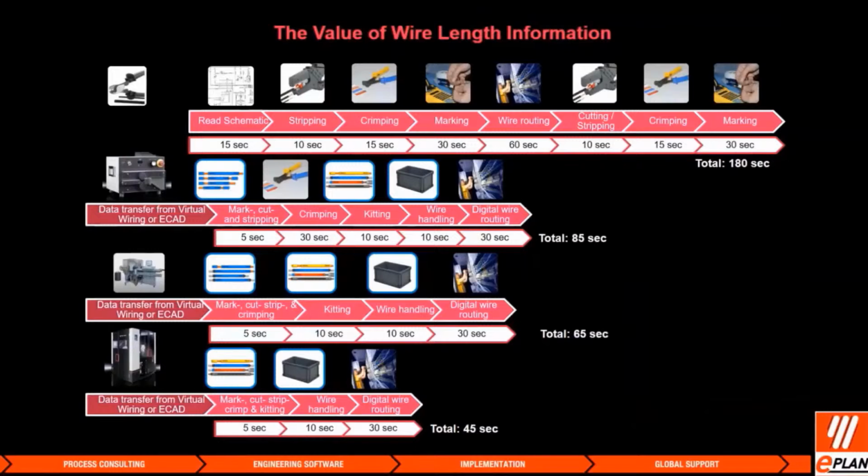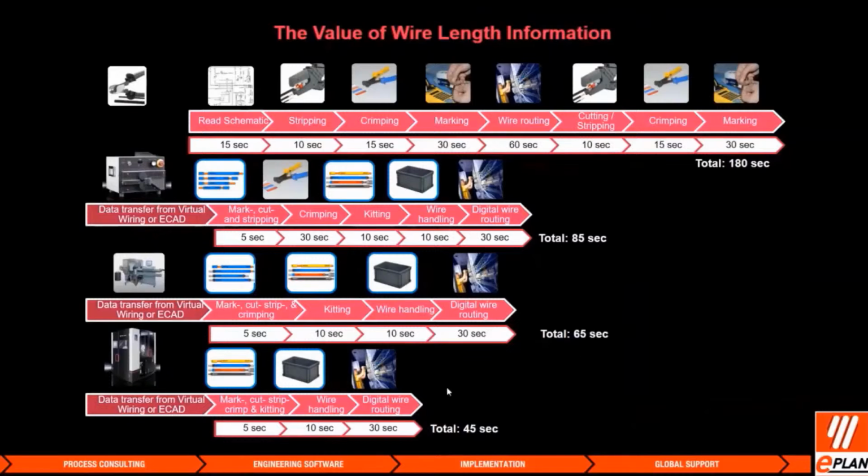So we're using a pretty conservative number here, but often customers will state that it's closer to an average of 5 minutes. But utilizing some of our semi-automated equipment, we can start to reduce that time significantly, bring it down to 85 seconds or even 65 seconds.